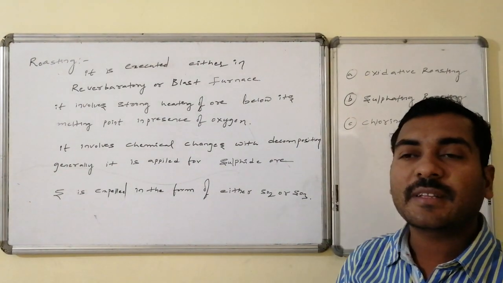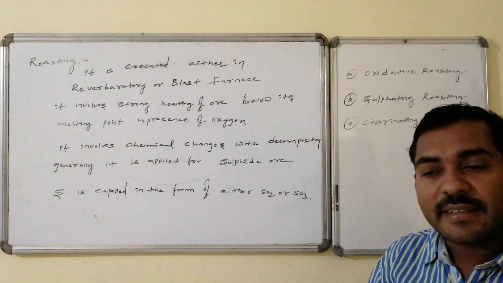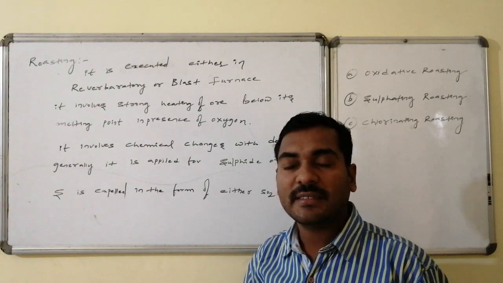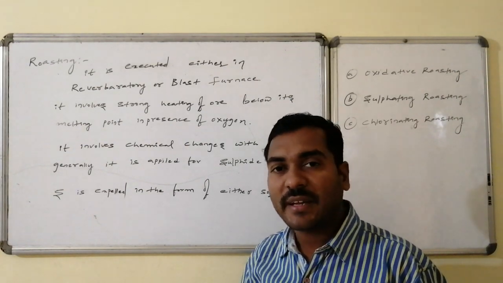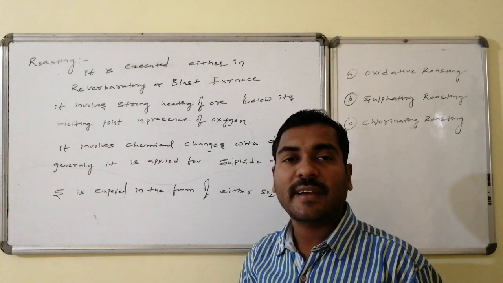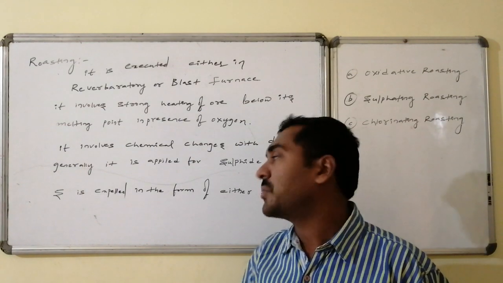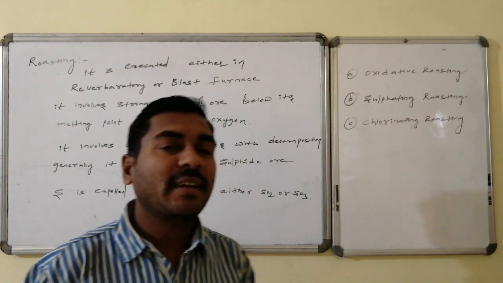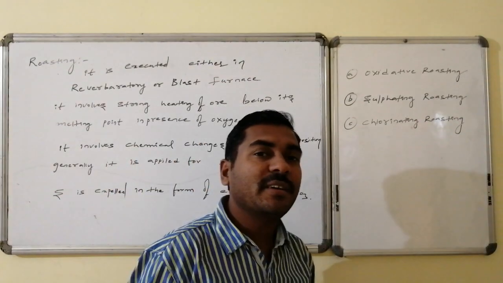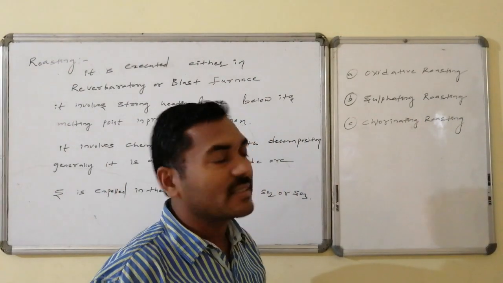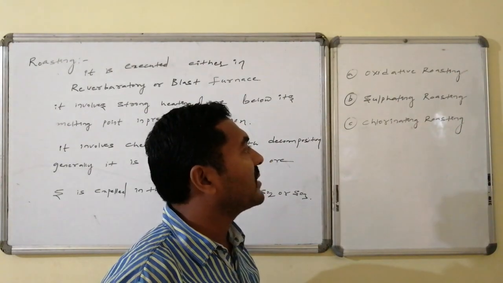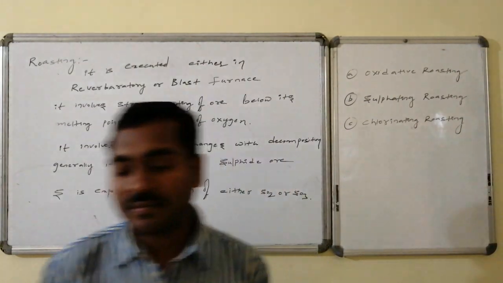Generally, it is applied for sulfide ore, and the sulfide S2- undergoes oxidation and is converted either to sulfur dioxide or to sulfur trioxide, and it is expelled from the ore system. For ease of understanding, this roasting is divided into three categories. One is oxidative roasting, second is sulfatizing roasting, and third is chlorinating roasting.